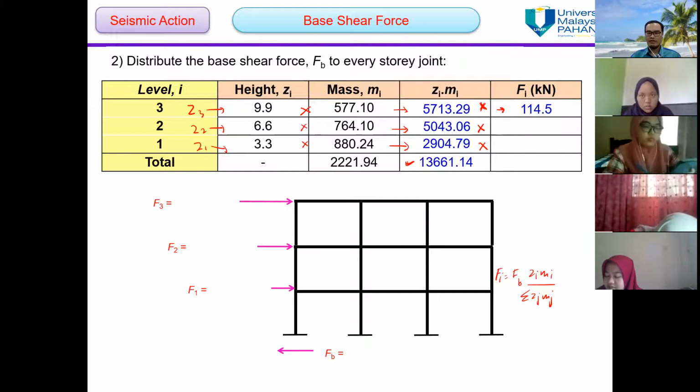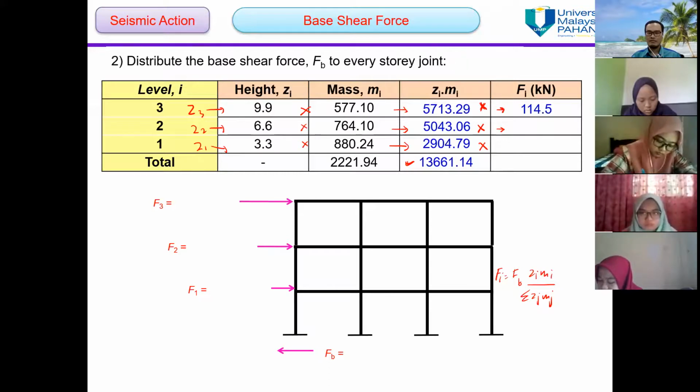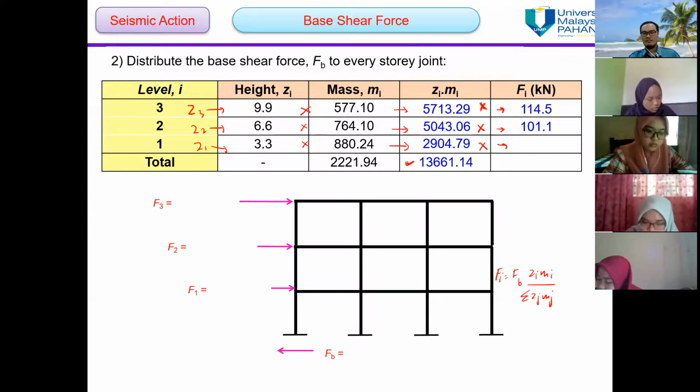Okay, good. How about story number 2? 101.1. Good. How about the bottom story? 58.2.